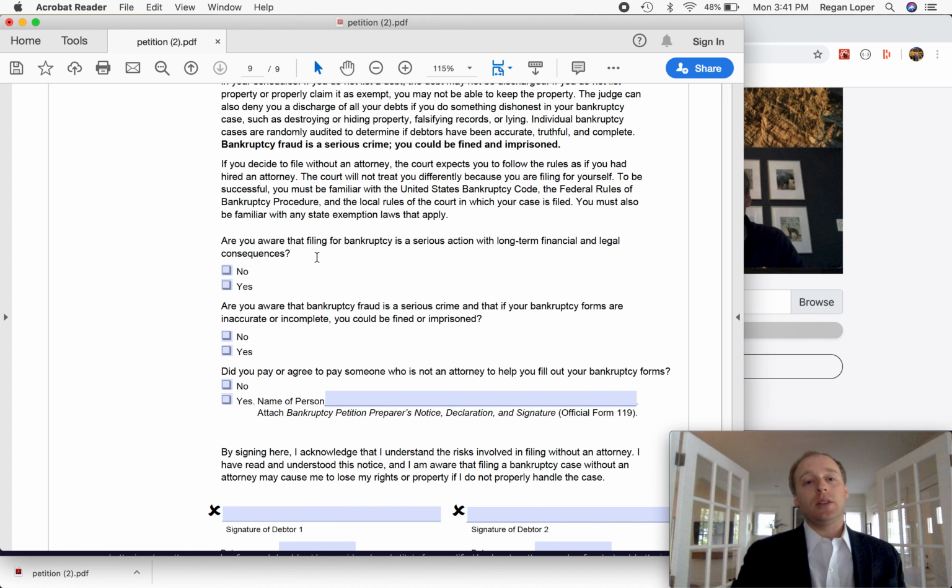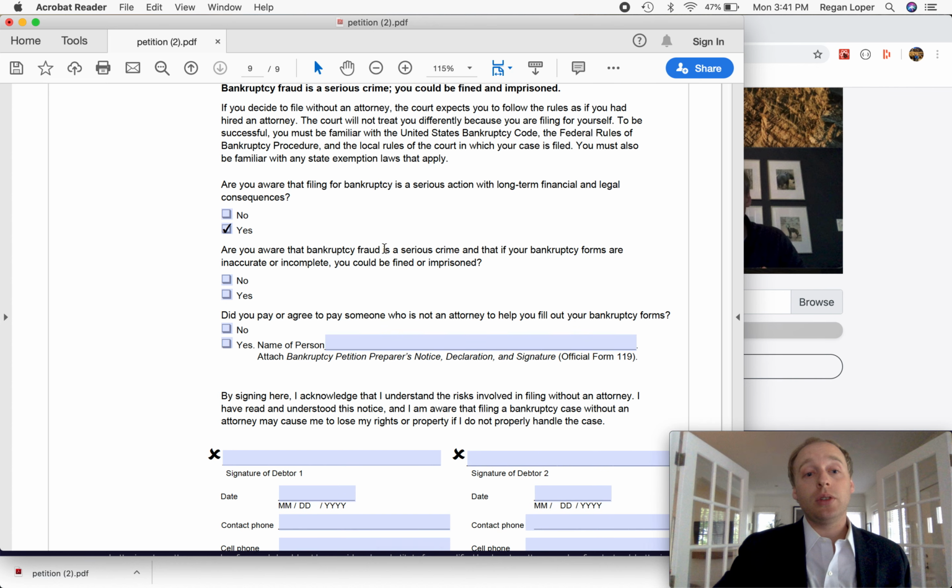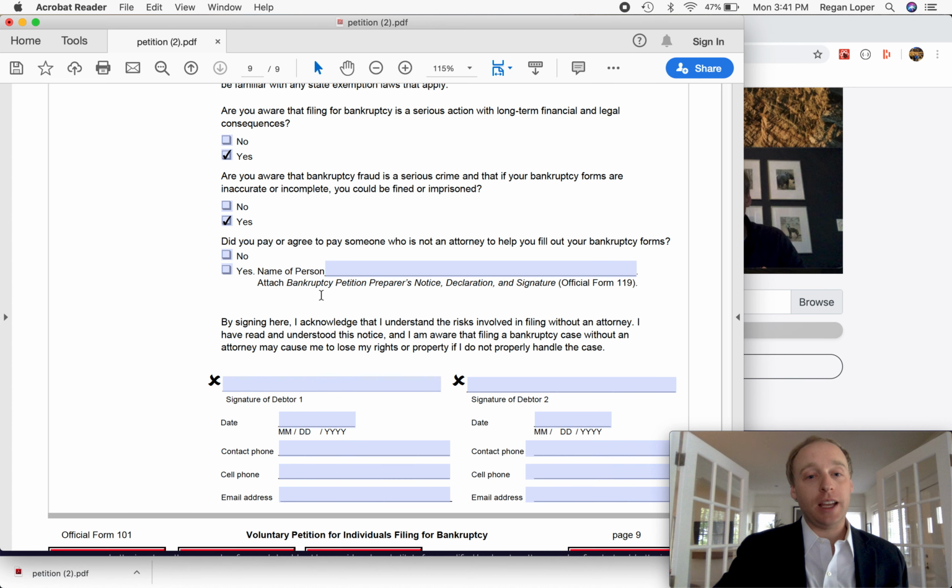So in this case, once you read this form and you are aware that filing bankruptcy is a serious action with long-term financial and legal consequences, you'd hit yes. Are you aware that bankruptcy fraud is a serious crime? Answer accordingly. And did you pay or agree to pay someone who is not an attorney to help you fill out your bankruptcy forms?